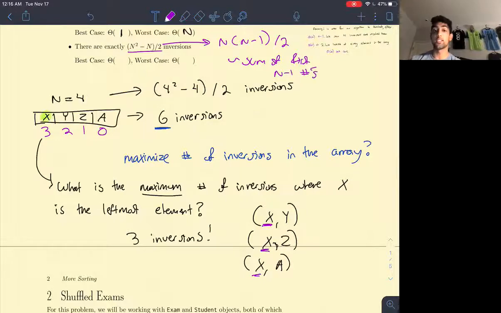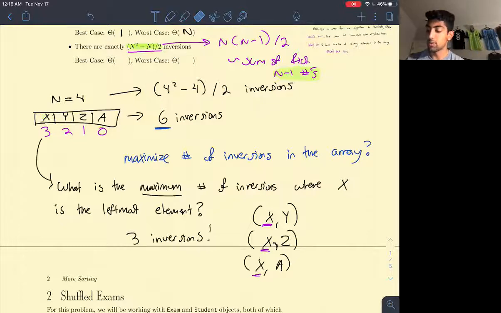Why that's cool is that if we have the number of inversions equal to the sum of the first n minus 1 numbers, that tells us that in this given array, every single element is part of the maximum number of inversions.